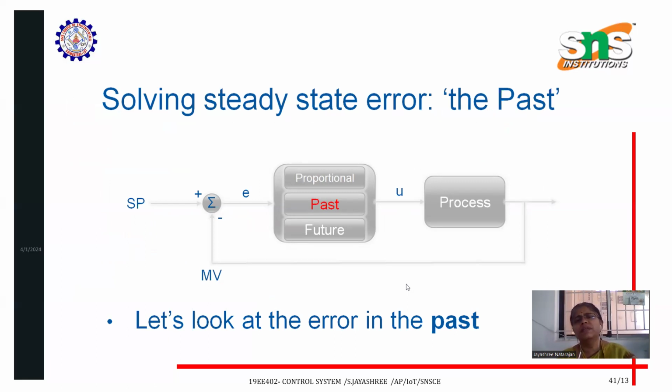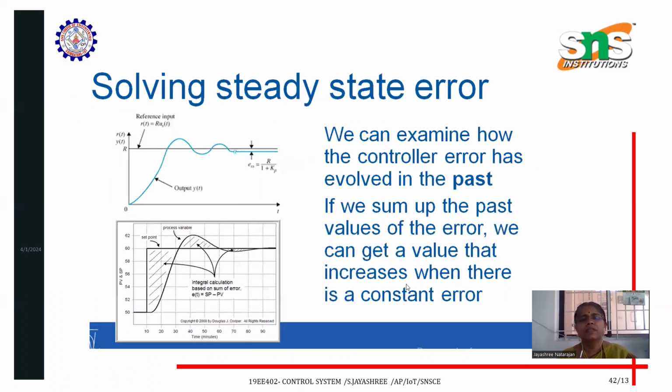So, to solve the steady state error from the past, how do we calculate the error in the past? Look at this picture. The input is a step input, so the value is constant. If the system is disturbed, the value oscillates to and fro.